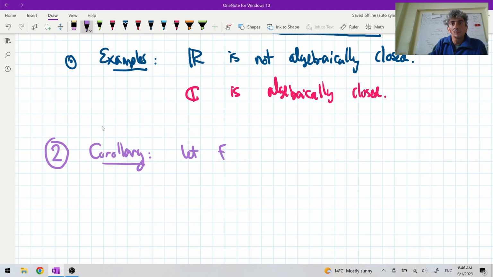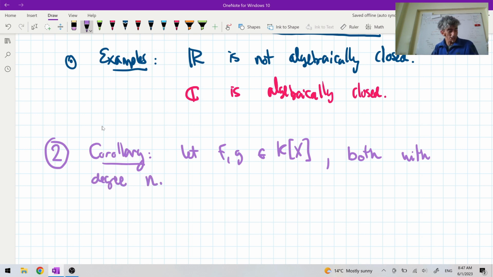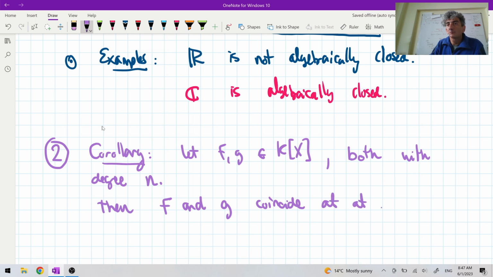Let f and g be two polynomials in K of x, both with degree n. Then f and g coincide at most n points.